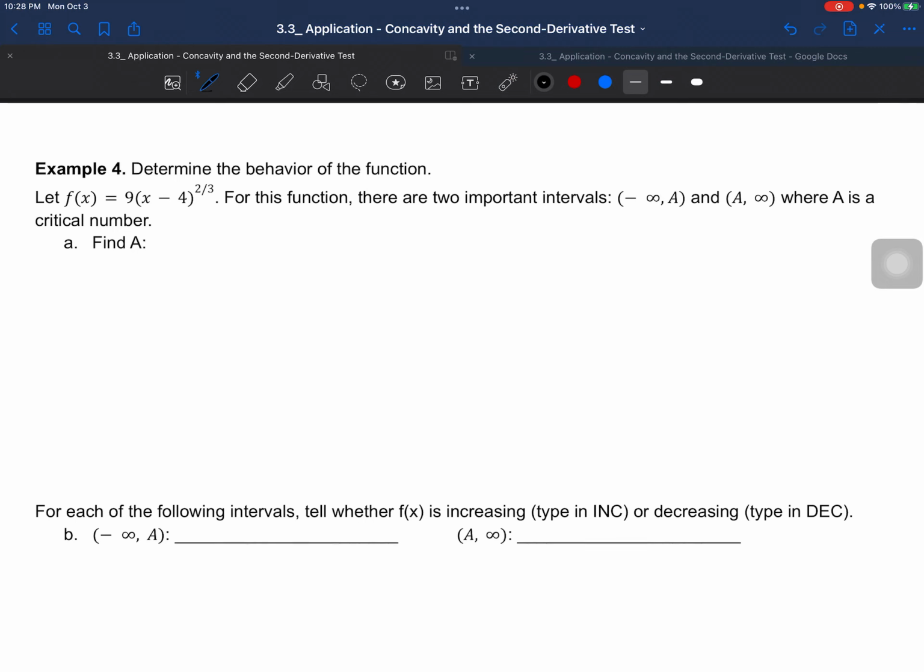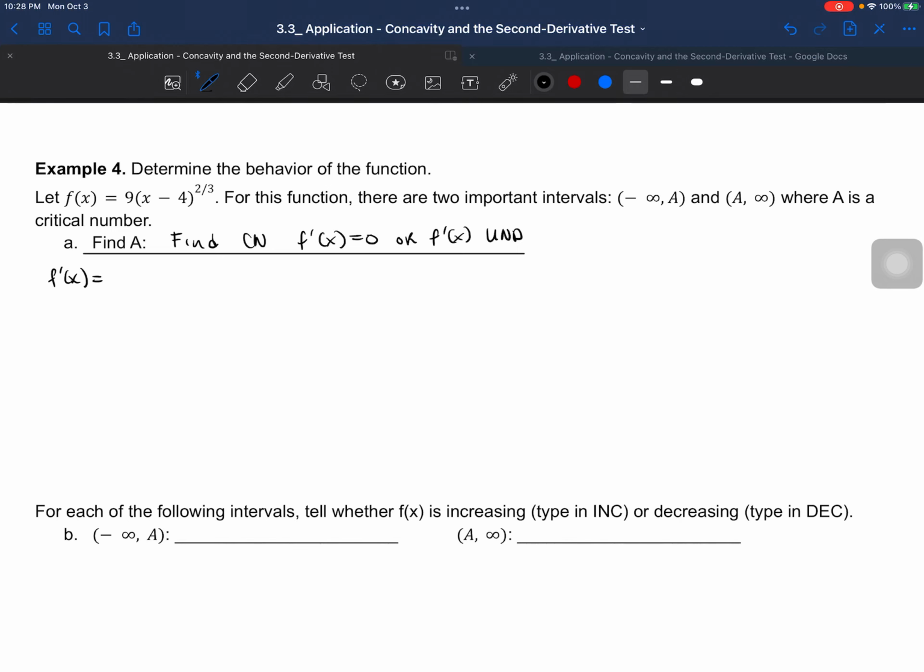That's just extra, but we're going to move on by finding the critical numbers. We know that we find critical numbers whenever the derivative is equal to 0 or f prime of x is undefined. Okay, so let's begin with that.